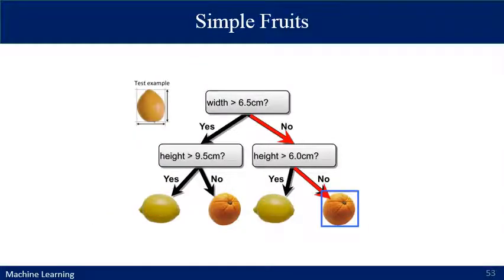So we have the test example, and we check that the width of the test example is not greater than 6.5. The height is again not greater than 6.0 centimeter. So we have the label for the example as orange.